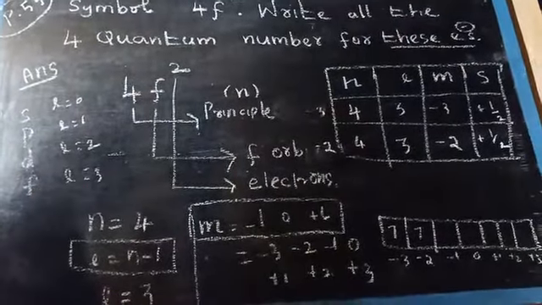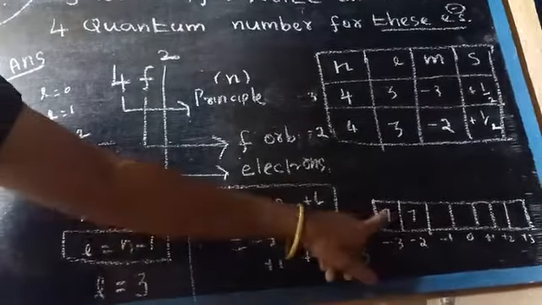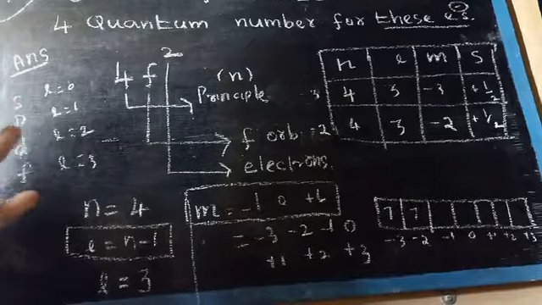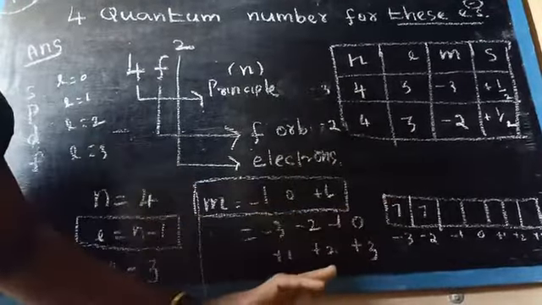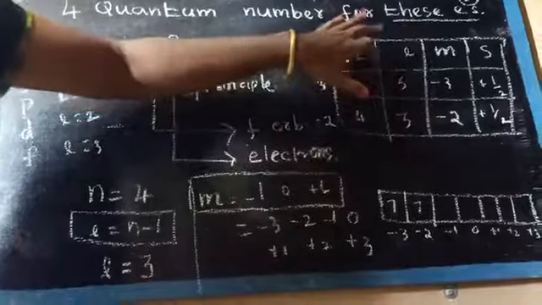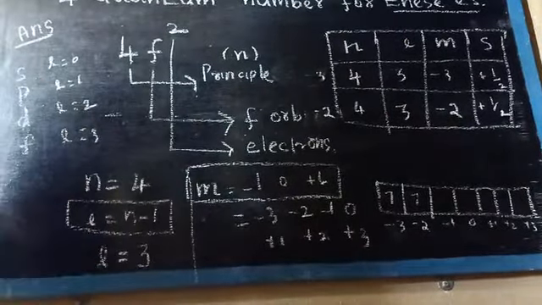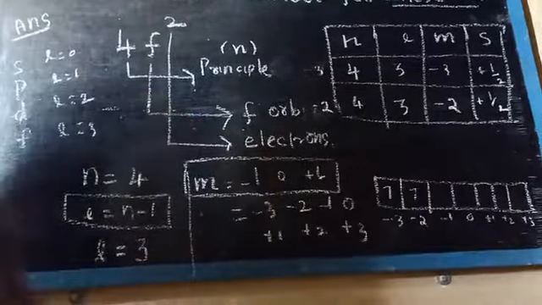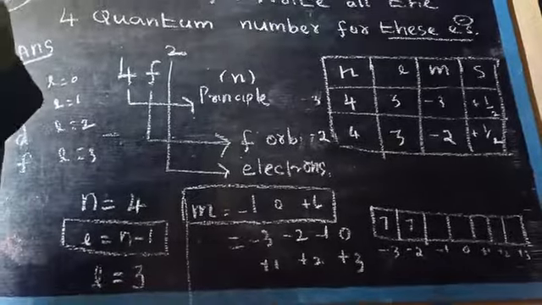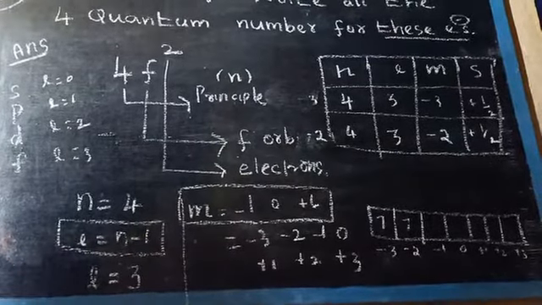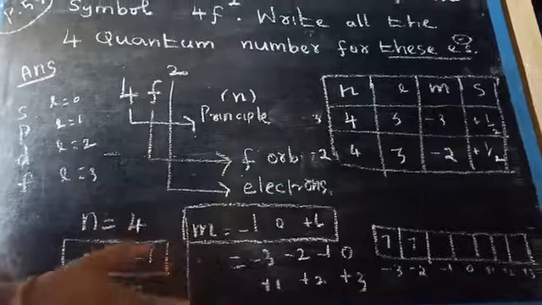You know the definition: no 2 electrons can have the same set of 4 quantum numbers. Within these 2 electrons, among the 4 quantum numbers, any one quantum number is different. Here the magnetic quantum number is different. Are you clear, children? I hope you understand this session.